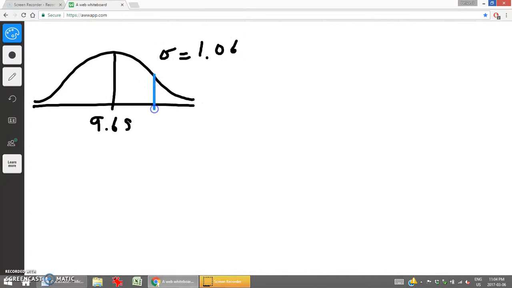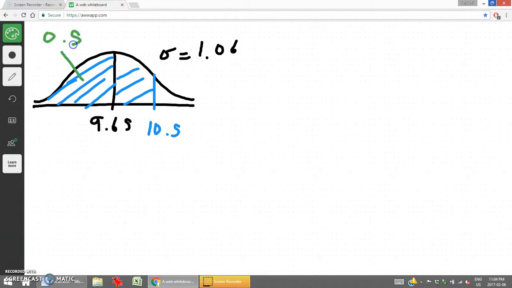So we're going to put 10.5 kilograms right there. Percentile is always from the very far left to the actual X value. So we're going to shade in this area as well as this area. We already know that this area in here is 0.5. What we need to calculate is the area in that section.